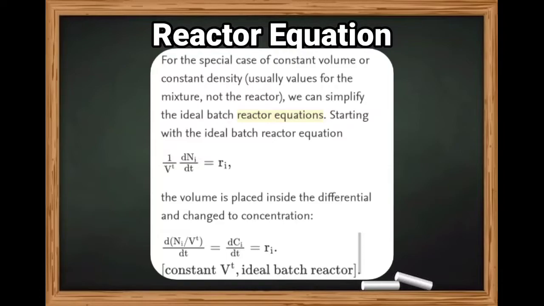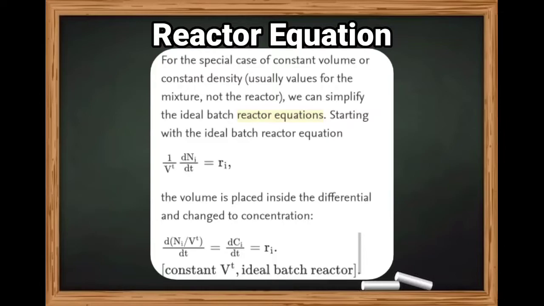Starting with the ideal batch reactor equation, where 1 per V t dNi per dt is Ri, the volume is placed inside the differential and changed to concentration, where d(Ni per V t) per dt is dCi per dt is Ri.